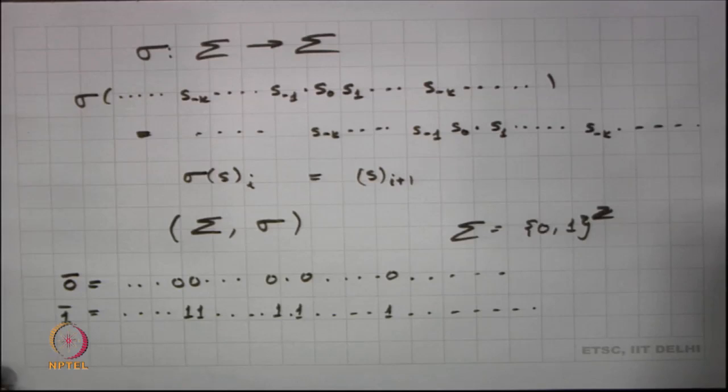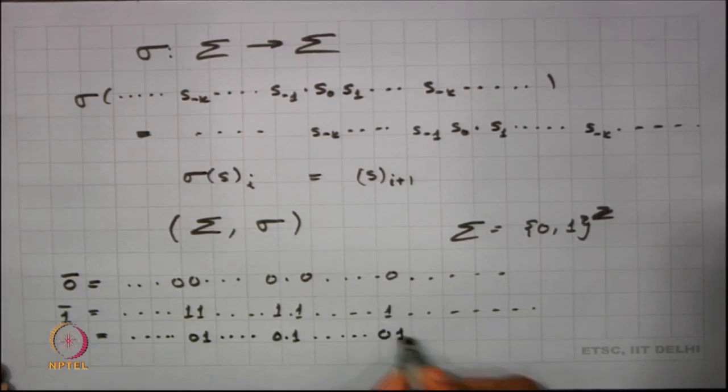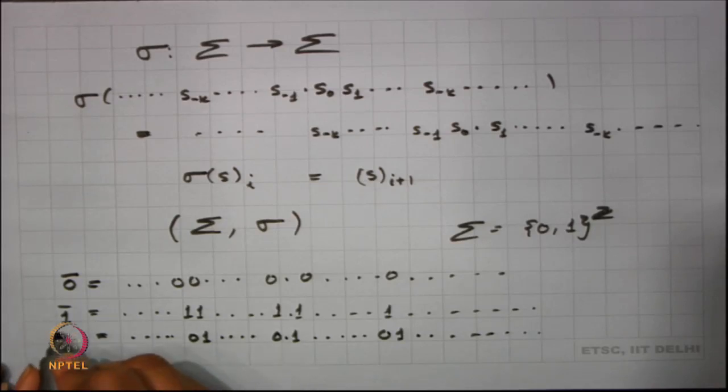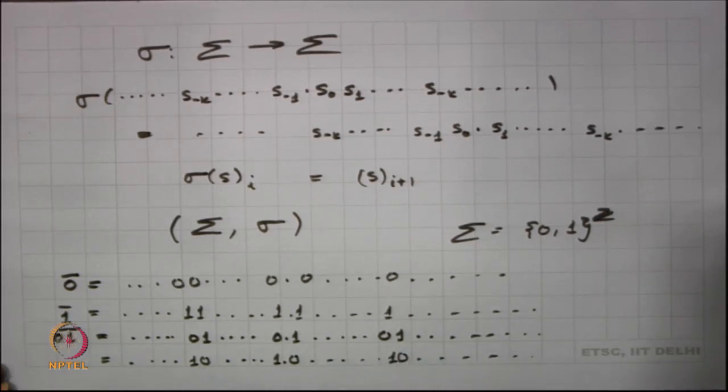Now I can think of a sequence where I alternate zeros and ones, which I denote 0 1 bar, and similarly a sequence alternating 1 and 0, which I call 1 0 bar.